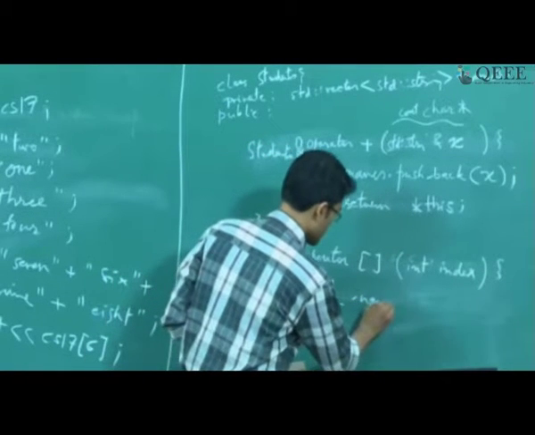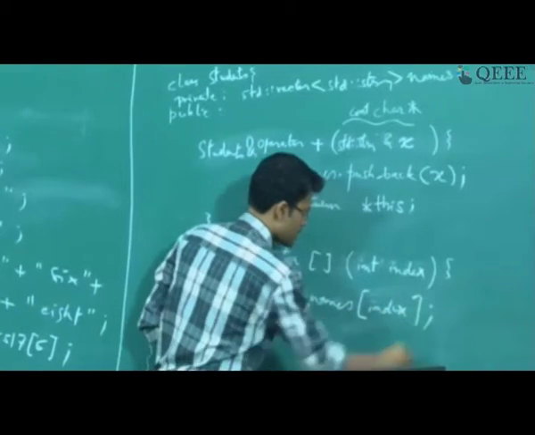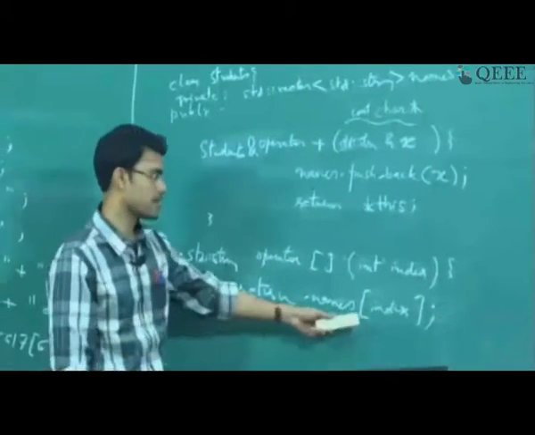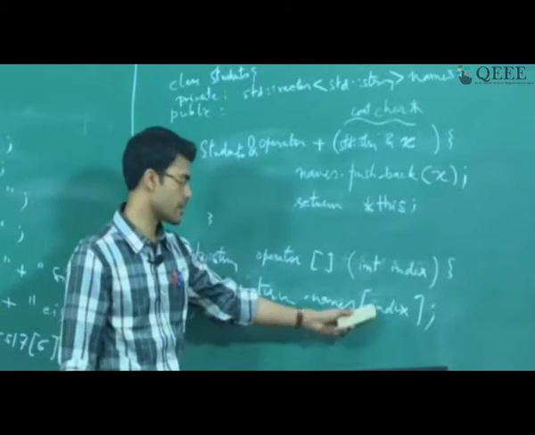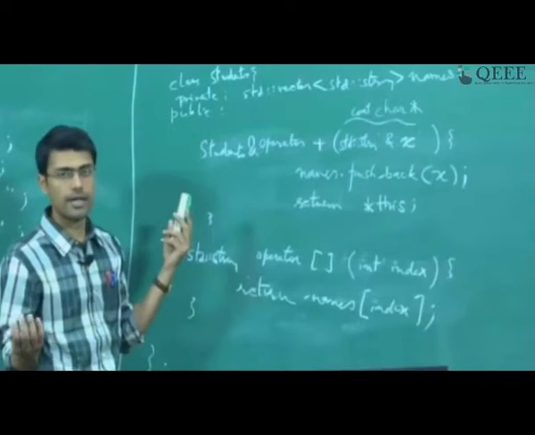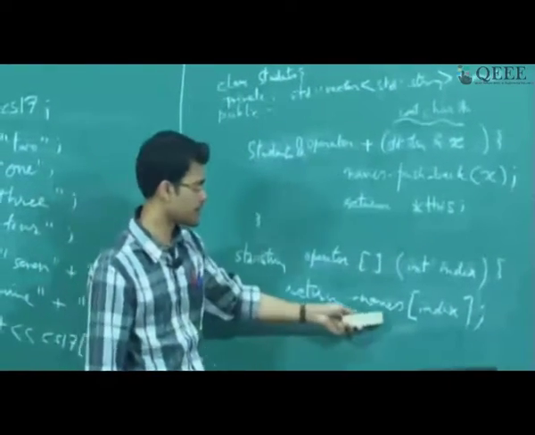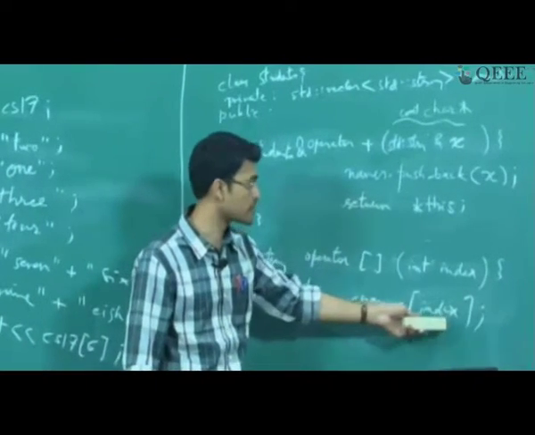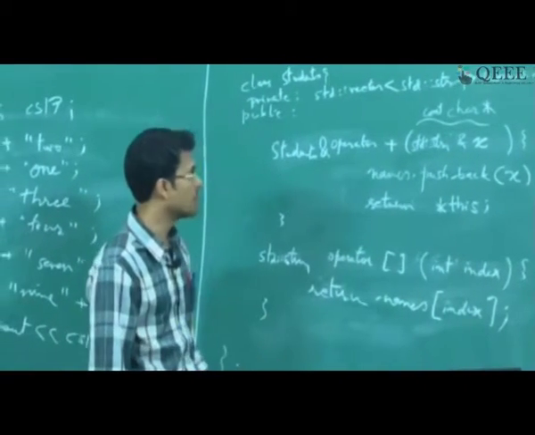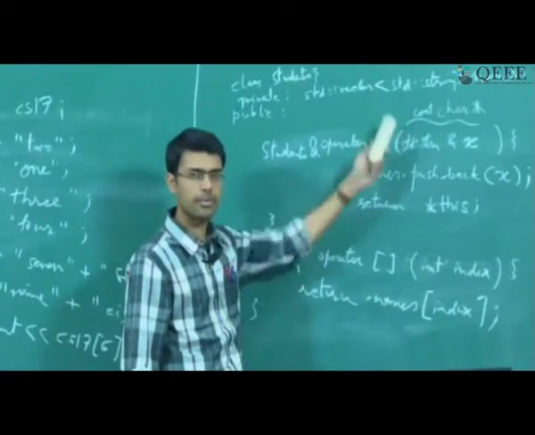return names of index. This itself is an overloaded function, right? So the subscript operator is overloaded for names, which is not an array, it is an object of class vector. And since you are able to apply that index, this is one example where you can see that templates and operator overloading are happening together.